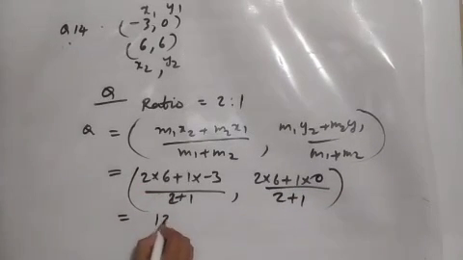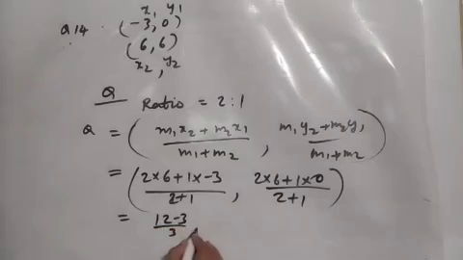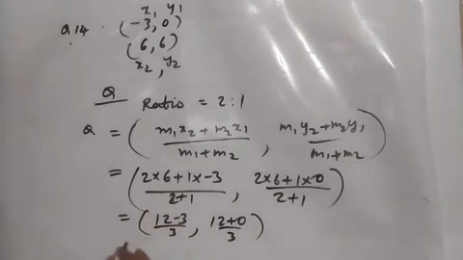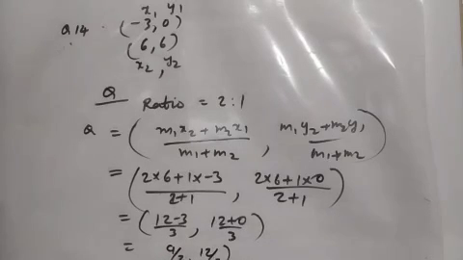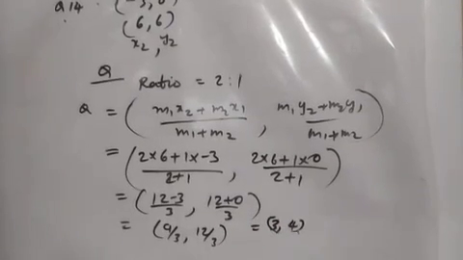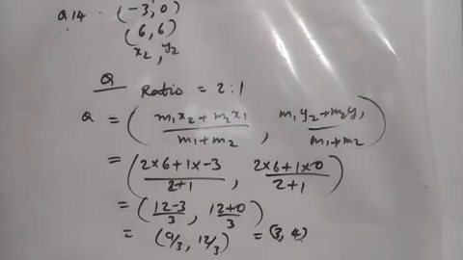That is 12 minus 3 by 3 and 12 plus 0 by 3. That is 9 by 3 and 12 by 3, equal to 3 and 4. So the coordinates of Q are 3, 4.